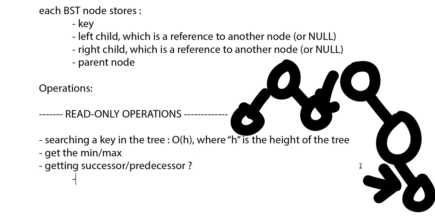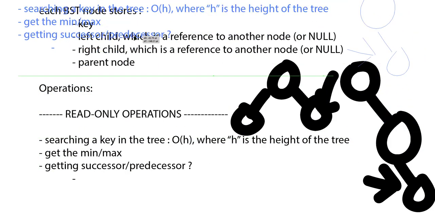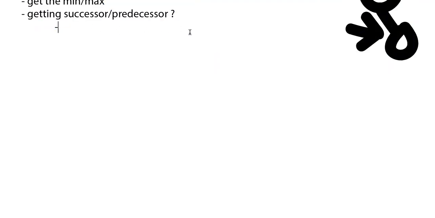Well, to get the successor or predecessor, let me move everything up for a minute. So we're trying to get the successor or predecessor. So what do we see? Well, in order to get the successor, okay, first let's talk about the successor.